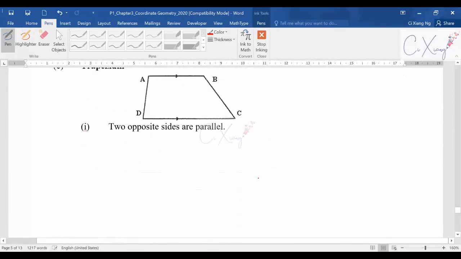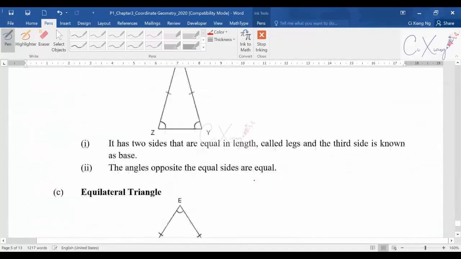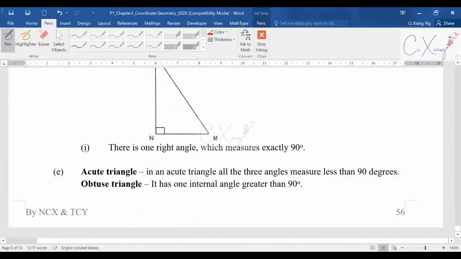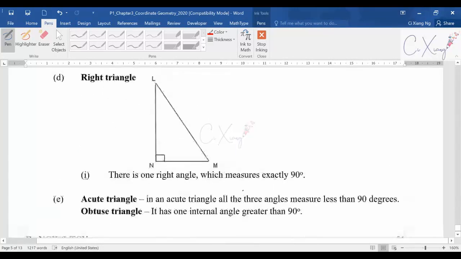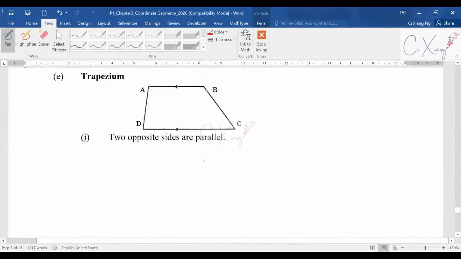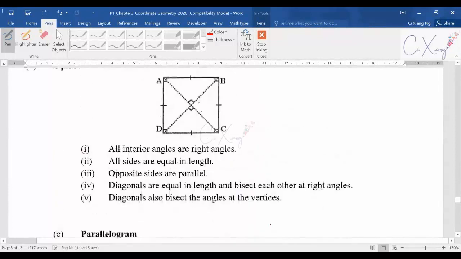Then for the rest you just go back and have a look. You can just refer to it and see which one is useful for you to apply. So this property part, just go through it. No need to purposely memorize, but just roughly know all the properties for the important shapes and how you link them with the coordinate concepts that you learned before, like gradient, distance, and also the midpoint.